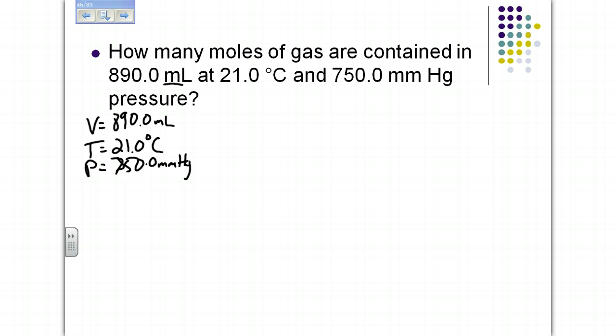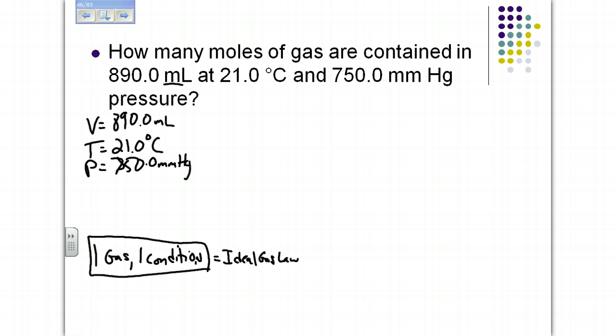So what I see here is one gas under one condition, and we're talking about amount. Because this is only one condition, it's got to be the ideal gas law.